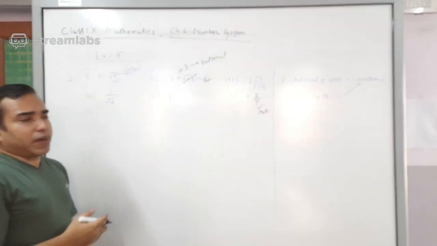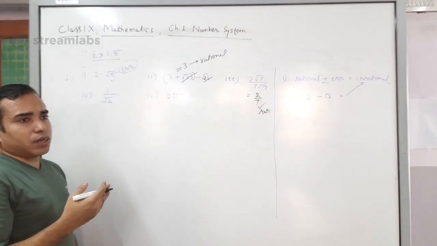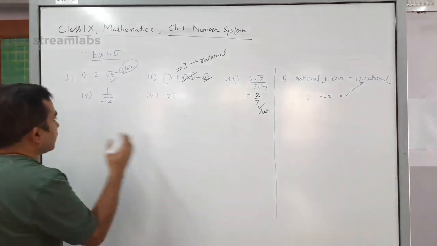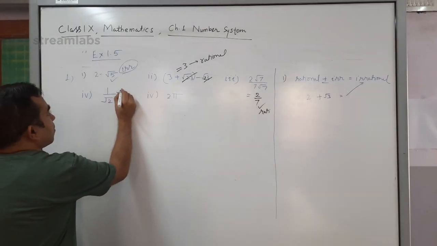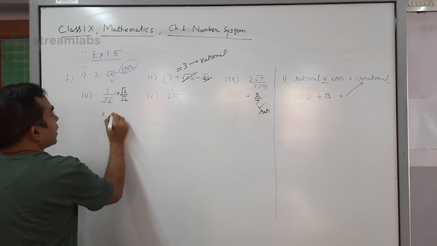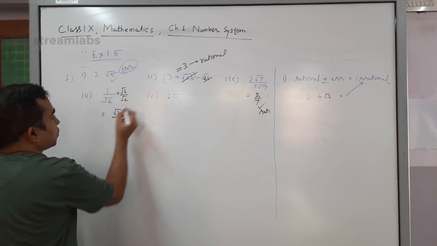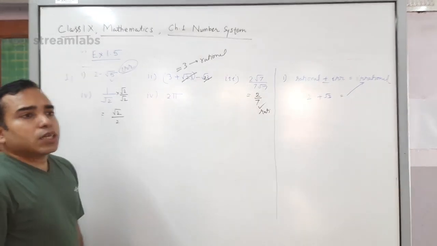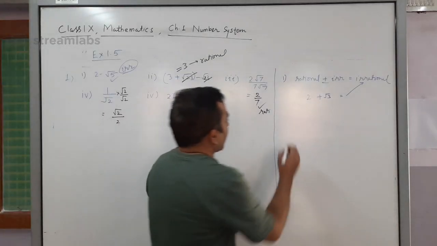1 upon root 2. Even if you simplify, it can be simplified. We will see in the next question how to simplify by multiplying root 2 in numerator and denominator, and then this will become root 2 upon 2. So here one more theorem you can apply.